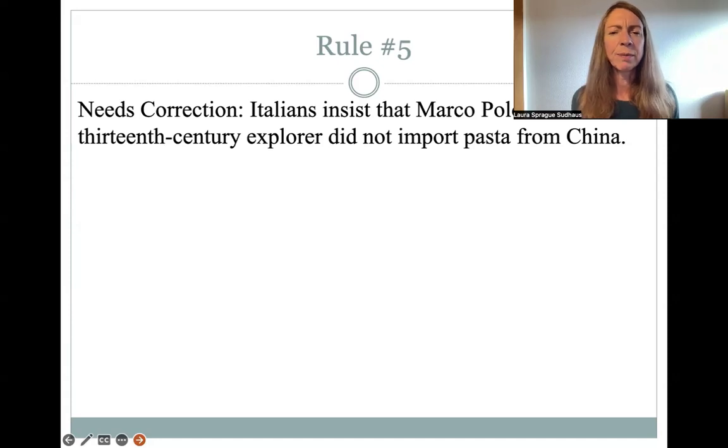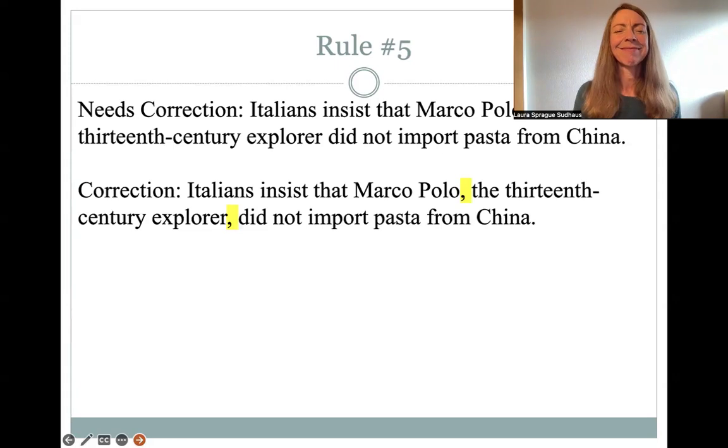What do we need to do to correct that? Add the commas around the non-restrictive element or phrase. It's just additional information. Italians insist that Marco Polo, the 13th century explorer, by the way, did not import pasta from China.